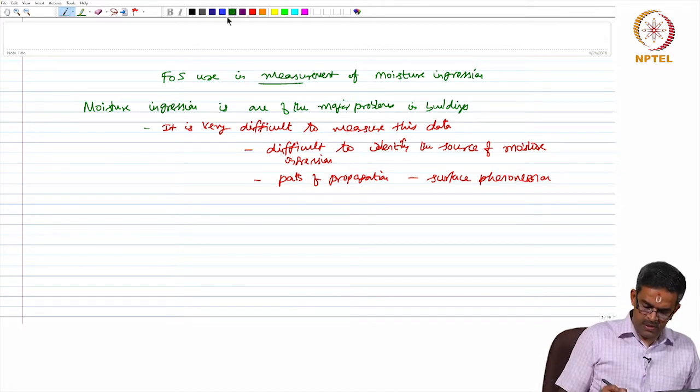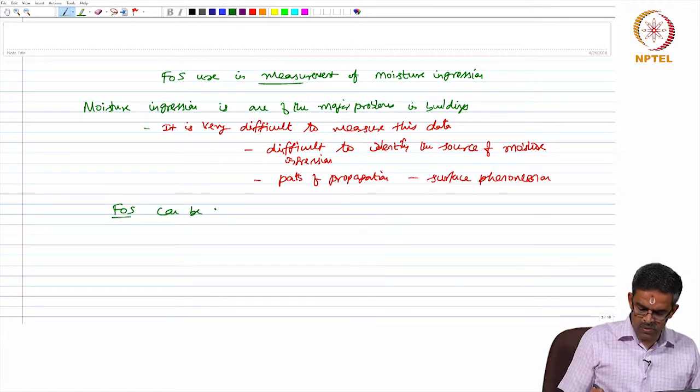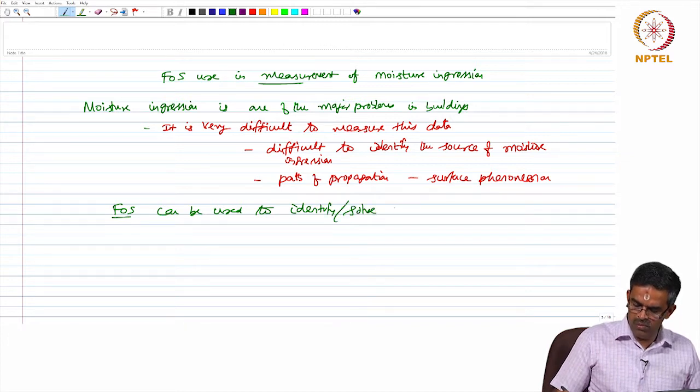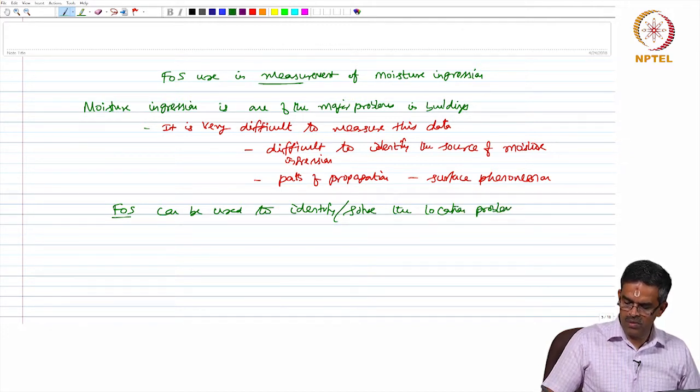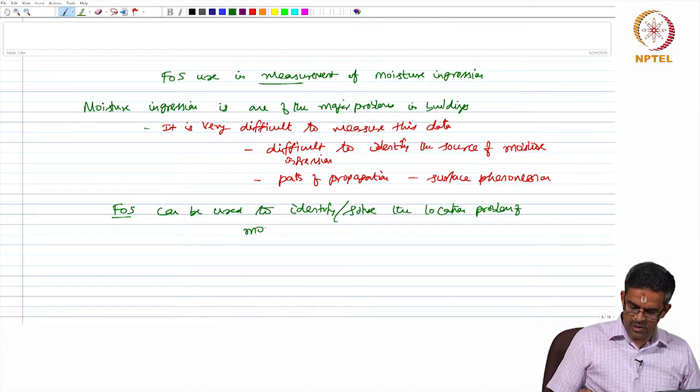Fiber optic sensors can be used to solve the location problems of moisture ingression.